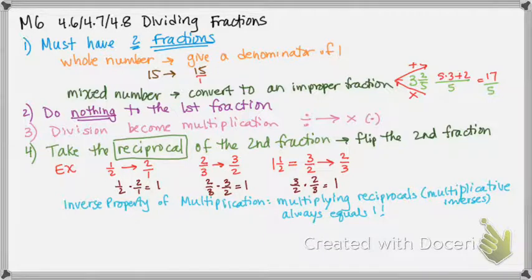Next, what do we do? Well, now we just have a regular multiplication problem. So how do we solve a regular multiplication problem? Well, we try to pre-reduce any numerator to any denominator.